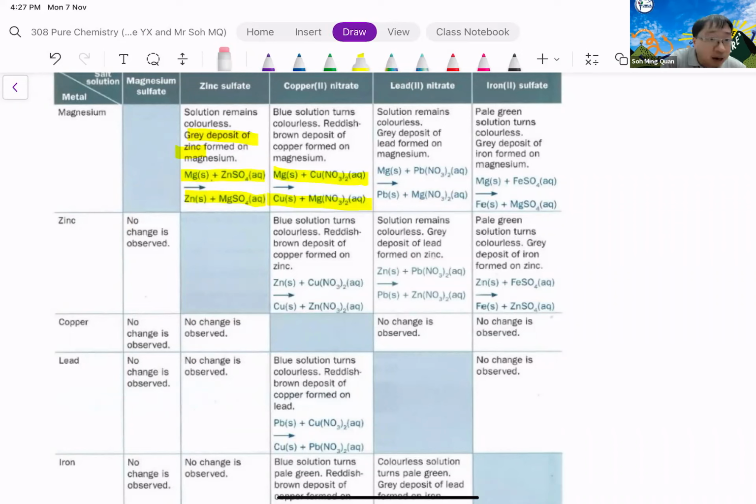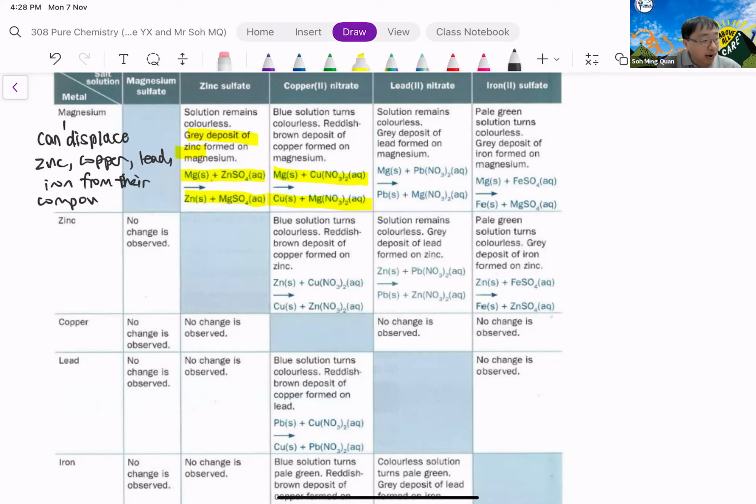If I read the data, magnesium is the most reactive because it can displace zinc, copper, lead, and iron. It can displace the other 4 metals from their compounds. That means magnesium must be the most reactive amongst these 5 metals.